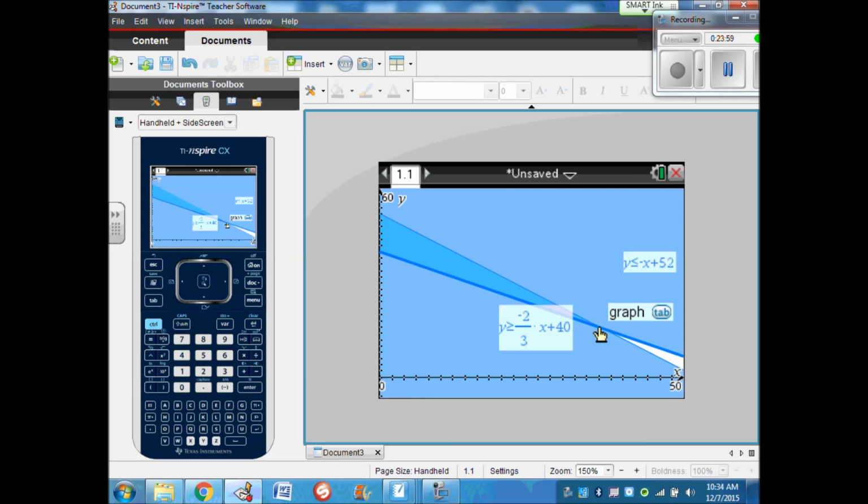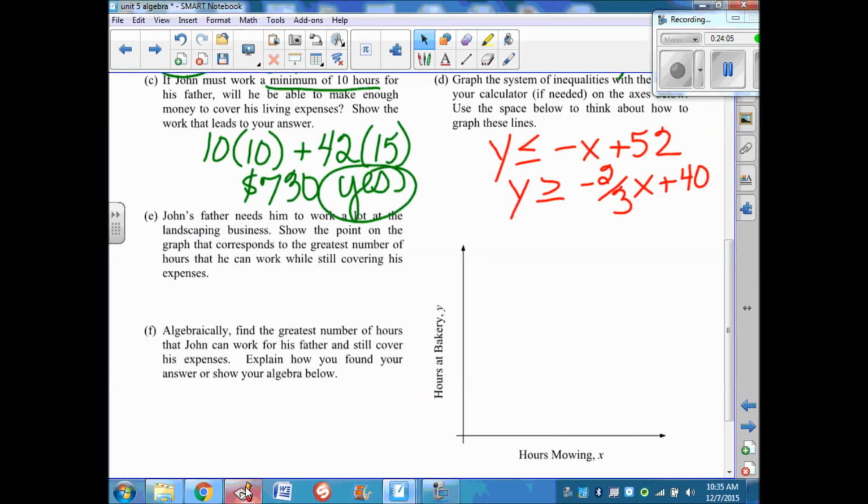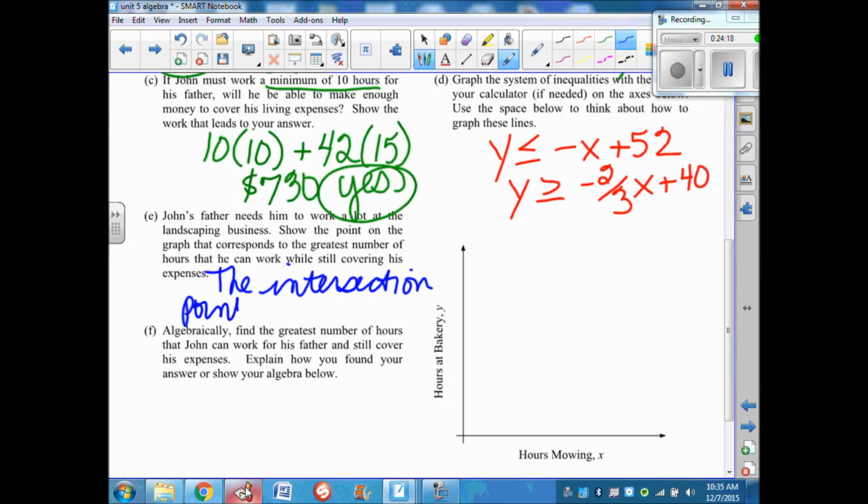Right there on our graph. So what is that? Okay, this is the intersection point.